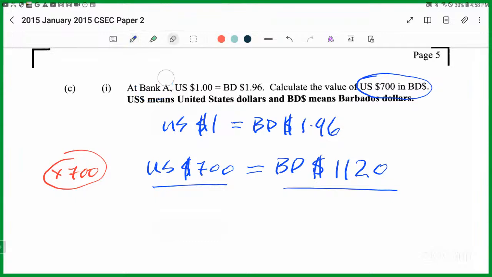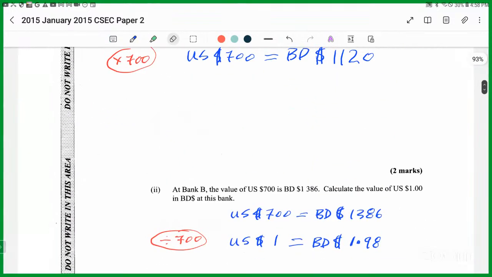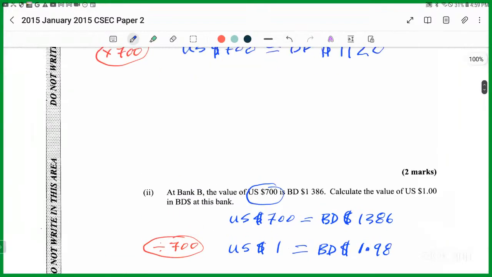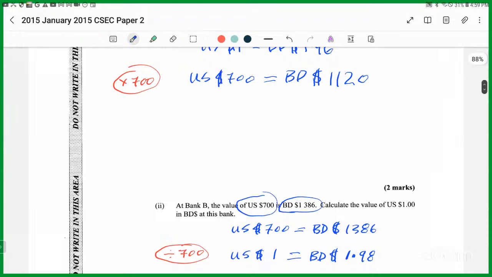The next part of the question is a different bank, bank B. And at bank B, the $700 they're telling us is now this amount. So the $700 at bank A is this. The $700 at bank B is that. They want us to tell them at bank B what is the exchange rate.